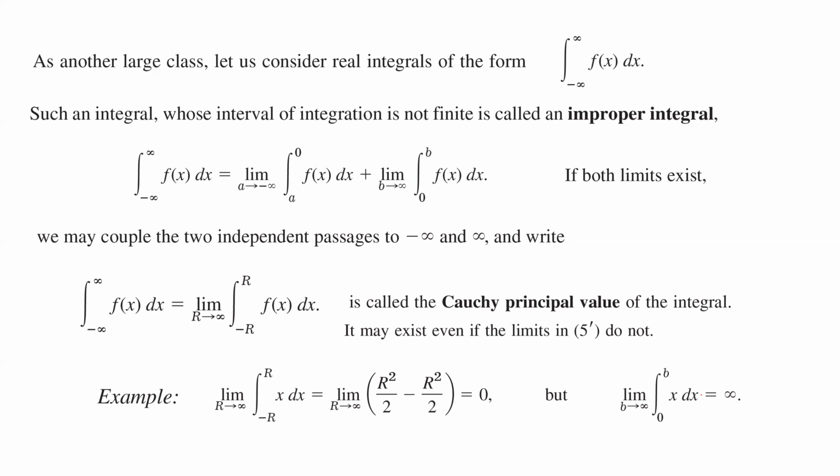The limit of x dx from 0 to b as b goes to infinity becomes infinite. So sometimes this is even better than these two. All right. So this is called Cauchy's principal value, and that is what we use in order to calculate this integral.